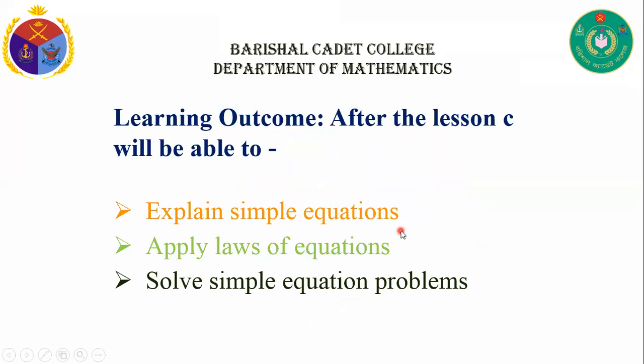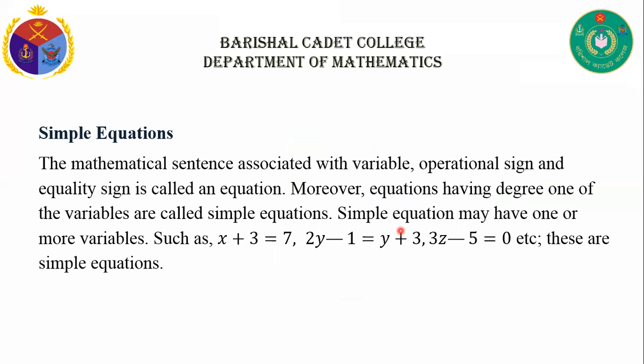Now we're going to the learning outcome. After the lesson, you will be able to explain simple equations, apply laws of equations, and solve simple equation problems. A mathematical sentence associated with variables, operational signs like plus, minus, and an equality sign is called an equation.